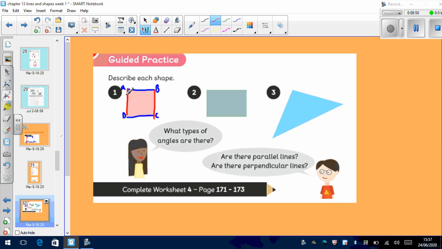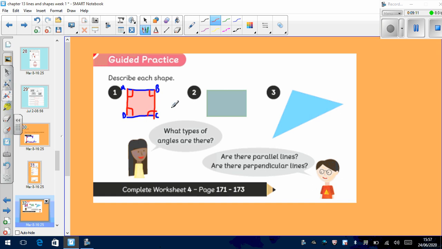Every side is perpendicular to the other in this shape, because there are 4 right angles. Each corner of this shape forms a right angle, so every side is perpendicular to the one next to it.